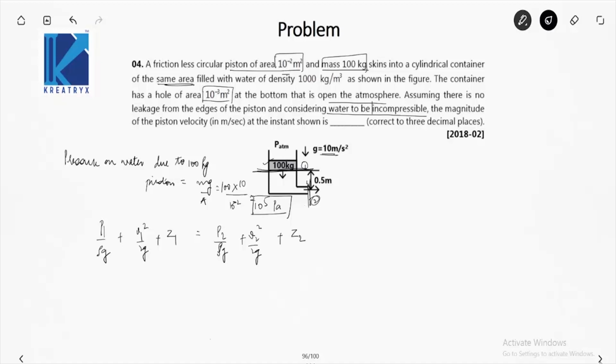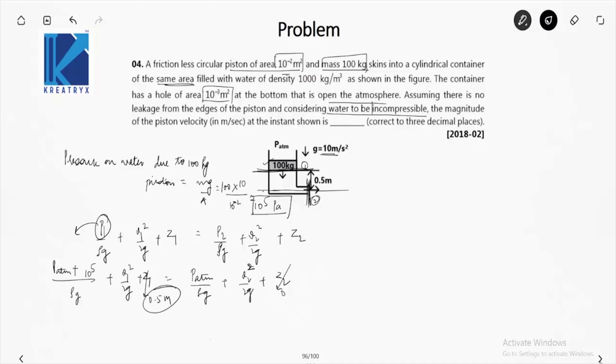P1 will be P-ATM plus this 10 raised to the power 5 Pascal pressure upon rho g, plus V1 square by 2g plus Z1, and P2 I have taken in atmosphere, so P2 will be P-ATM by rho g plus V2 square by 2g plus Z2. I'm taking this as datum, so Z2 becomes 0 and Z1 becomes 0.5 meters.